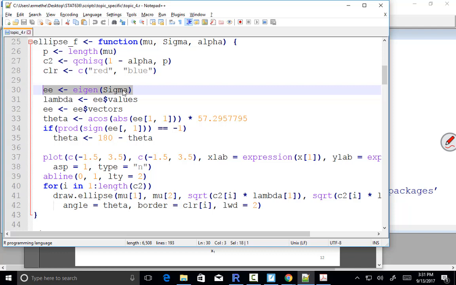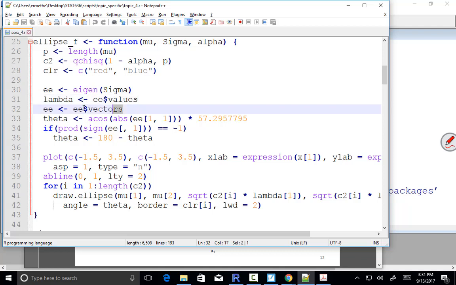I'm going to create an object, EE, that is the result of calling eigen on sigma. So in EE are now two elements, the eigenvalues and the eigenvectors. This values is a vector that contains p elements. The first element is the first eigenvalue, second element, second eigenvalue, and so on.